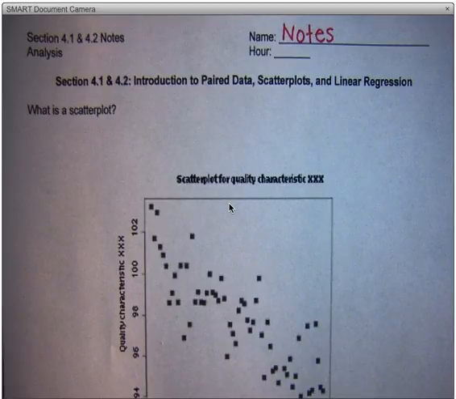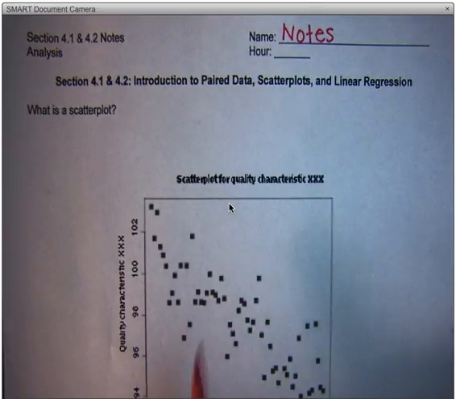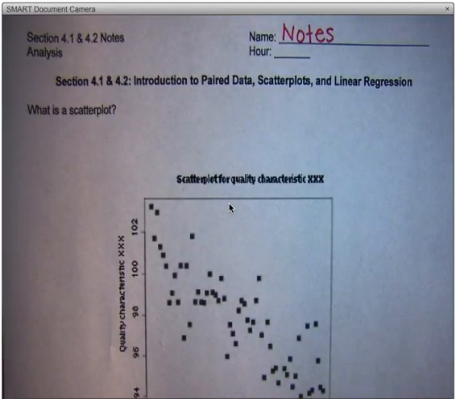Okay, so this picture here is an example of a scatter plot. So basically you're going to be given x and y coordinates and plotting those points all over the axis.